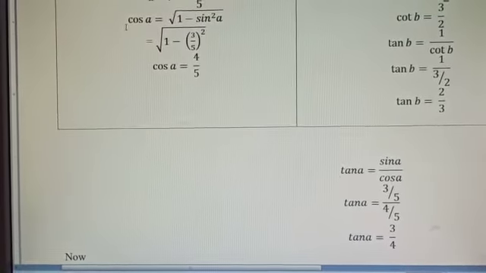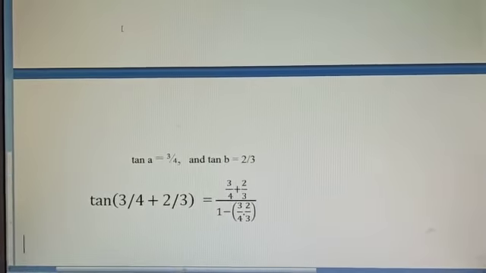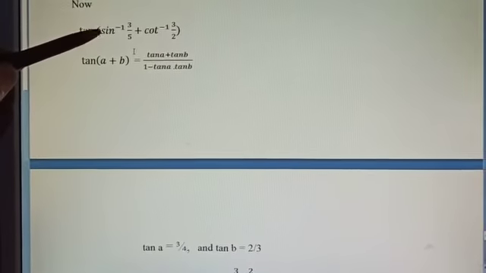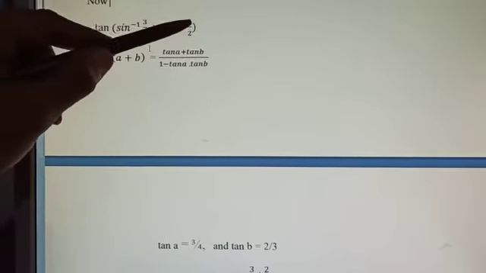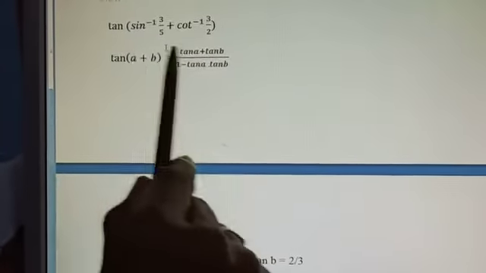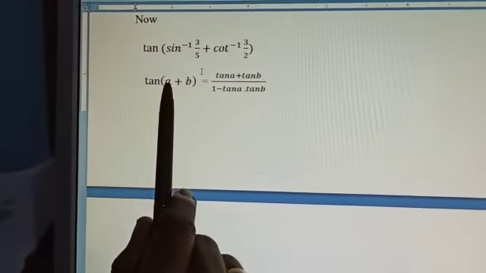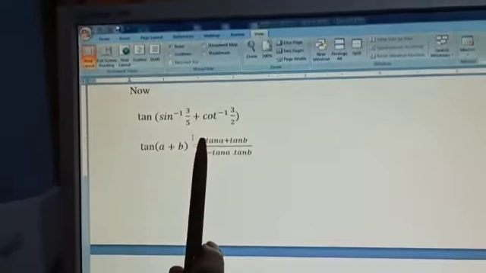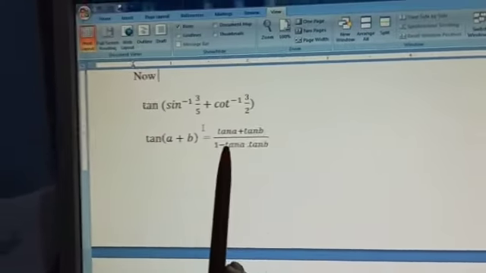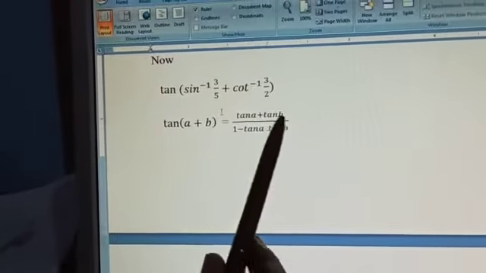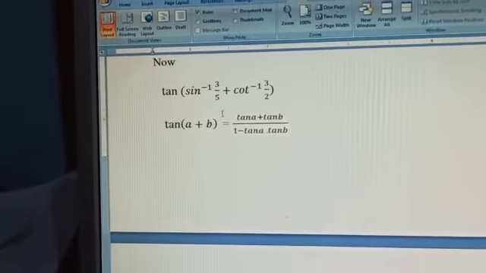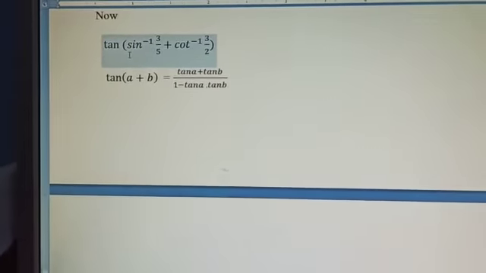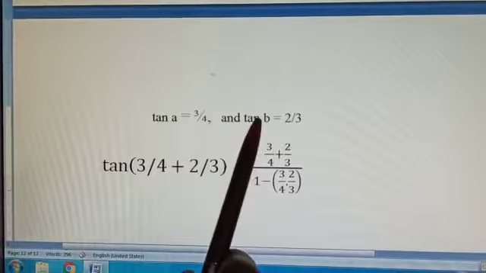Now we have this equation: tan of sine inverse of 3 by 5 plus cot inverse of 3 by 2. This can be written as tan of A plus B. We have the formula tan A plus tan B divided by 1 minus tan A into tan B. Tan A is 3 by 4 and tan B is 2 by 3.